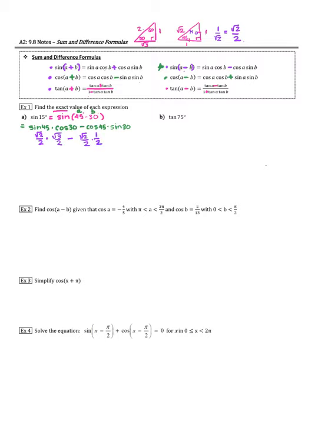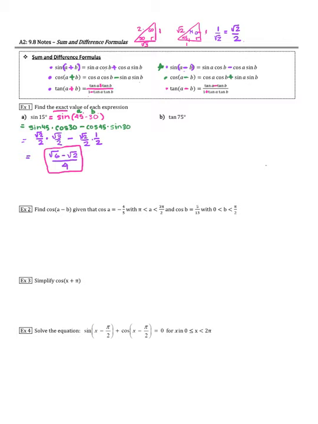And so now we can just put it together. Notice they both have the same denominator. So I have rad 6 minus rad 2 all over 4. And that would be your answer. It's an exact value. That's why it has the radicals in it. There's no decimals. So that would be sine 15 without using a calculator.